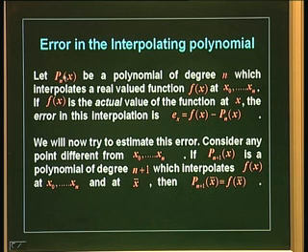As I said, x is a point which doesn't match with any of these x0 to xn. So now we assume that we know this. Let's take this x as x bar. That's what we've done here. And we say that we know the function value at this point, f of x bar. And the polynomial is actually not of the order n; it's the order n plus 1 because it also goes through x bar.